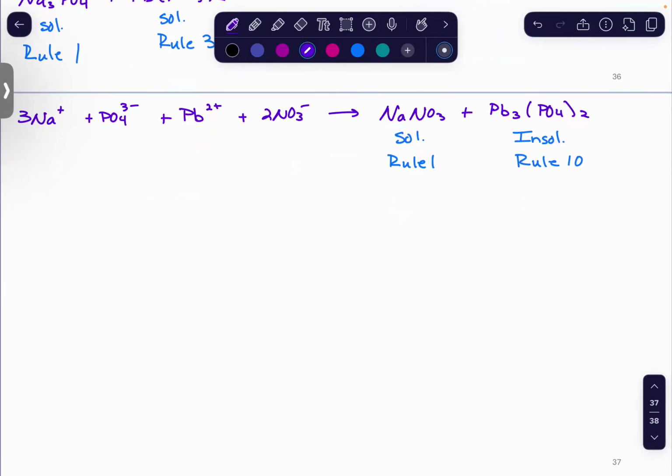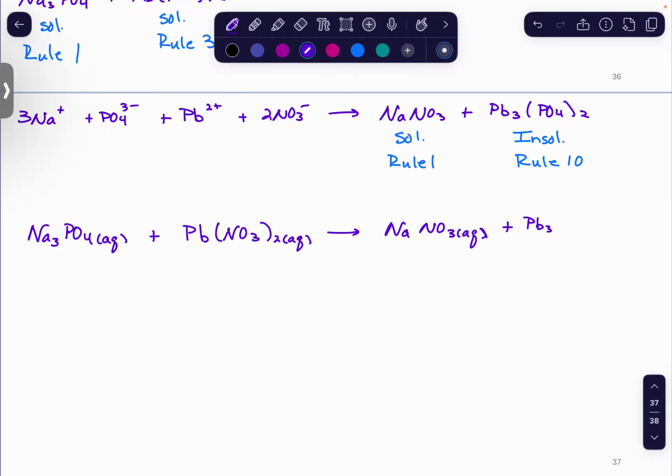Okay, so now I'm going to have sodium phosphate, lead 2 nitrate, then I'm going to have sodium nitrate, and lead 2 phosphate.